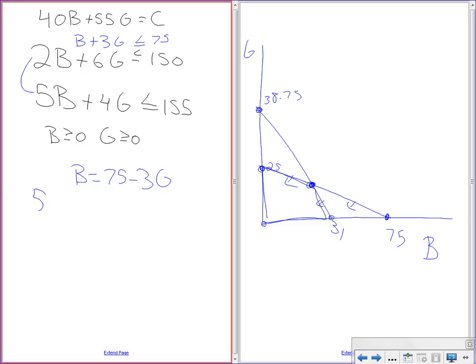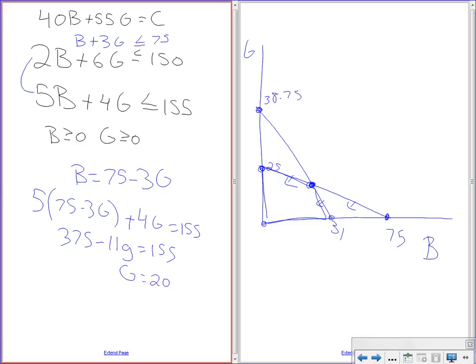Substitute in: 5 times 75 minus 3G plus 4G is 155. 375 minus 11G is 155. So G is 20, just moving everything around.